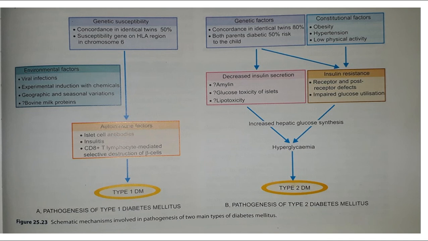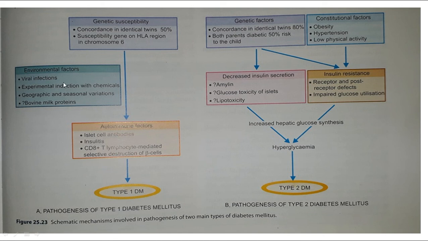This diagram also explains the pathogenesis involved in type 1 and type 2 diabetes mellitus. In type 1, there is a genetic susceptibility: concordance in identical twins is 50%, with a susceptibility gene on the HLA region in chromosome 6.